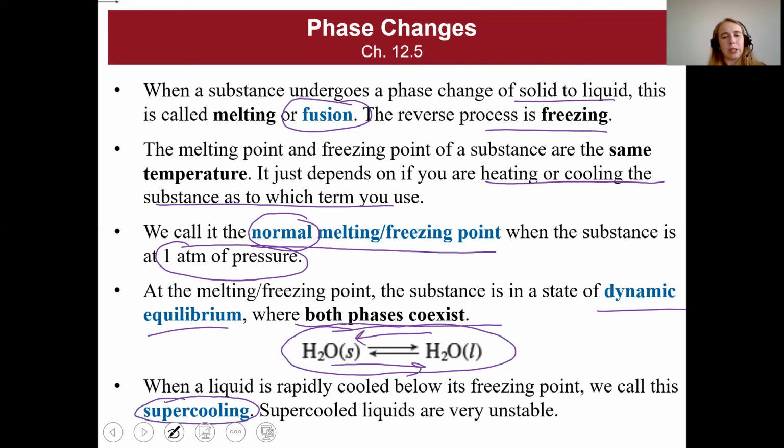Supercooled liquids are really unstable, and sometimes we do this to perform a process called recrystallization, which is used for purifying different substances. We heat it up so that we can boil off some of the impurities, and then we cool it back down really fast.